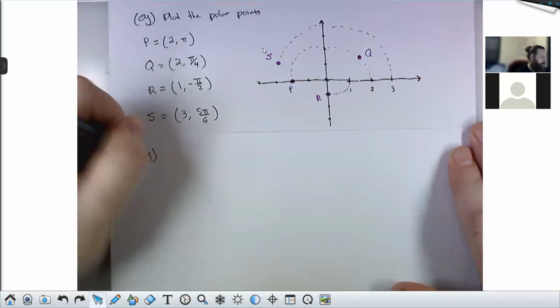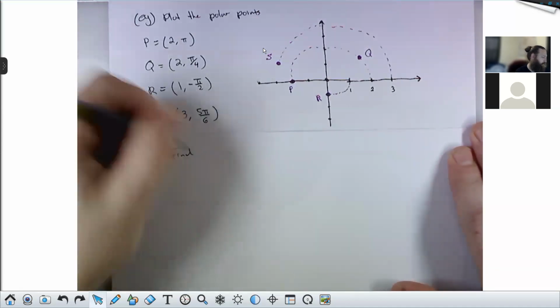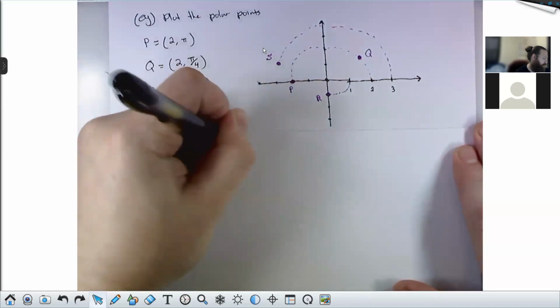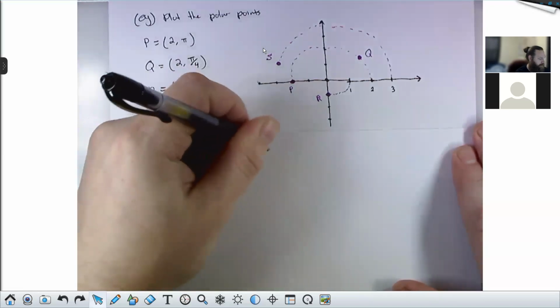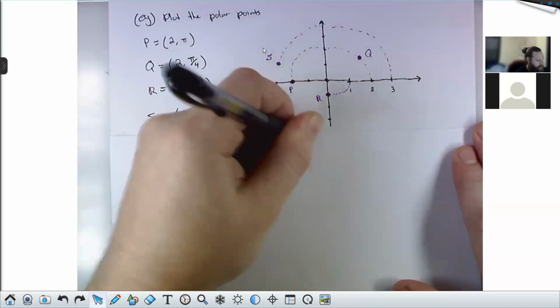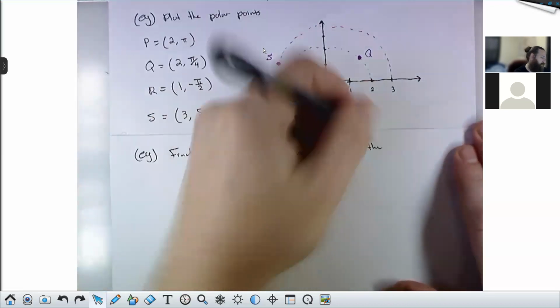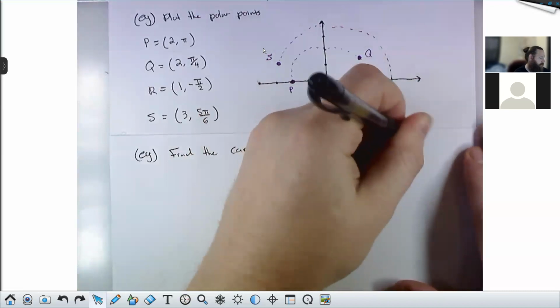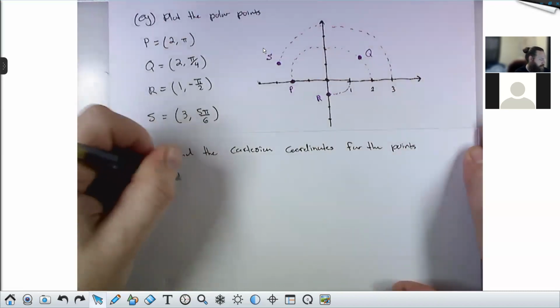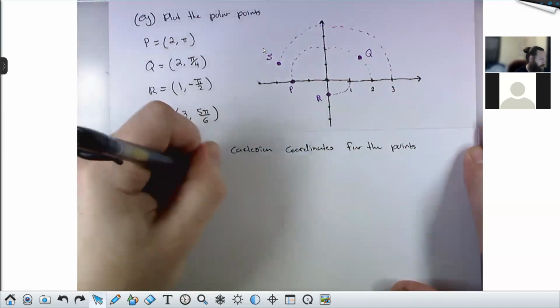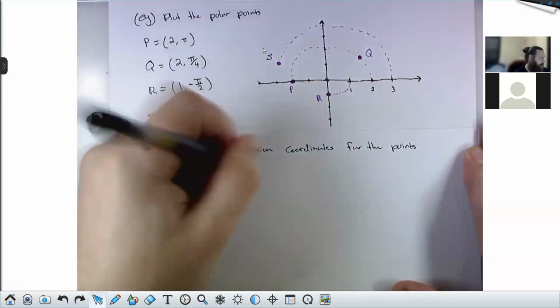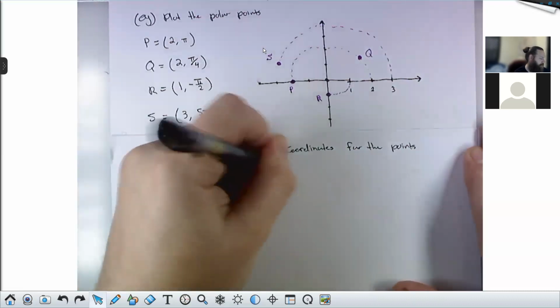For example, let's find the Cartesian coordinates for the points P, Q, R, and S from the previous example.